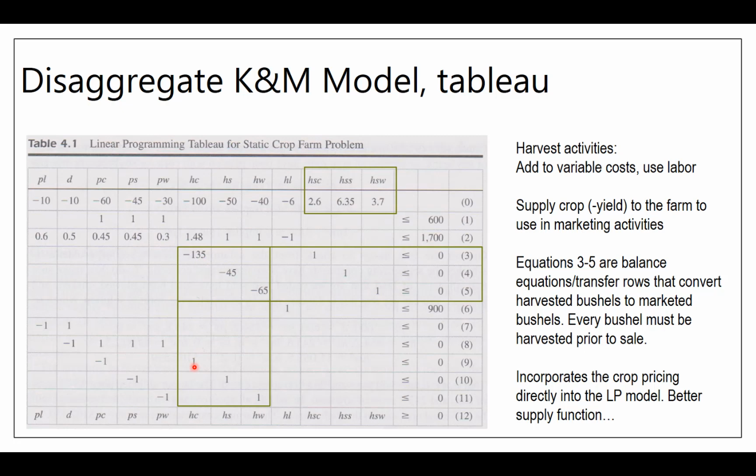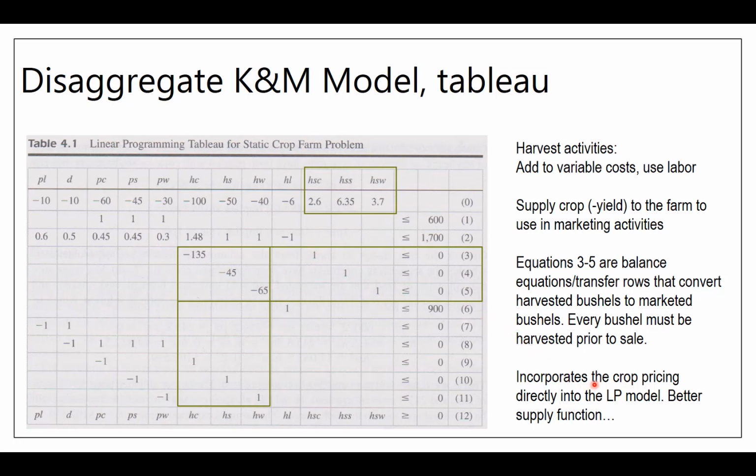So you transfer from units of acres to bushels, and then you sell them off 1 bushel at a time with a return of $2.60. We have zeros over here, recognizing these are transfer rows. You can't sell a bushel until it's been transferred from the harvest activity right here. Harvesting 1 acre gives you 135 bushels, so you repeat this activity 135 times to sell off all of that.